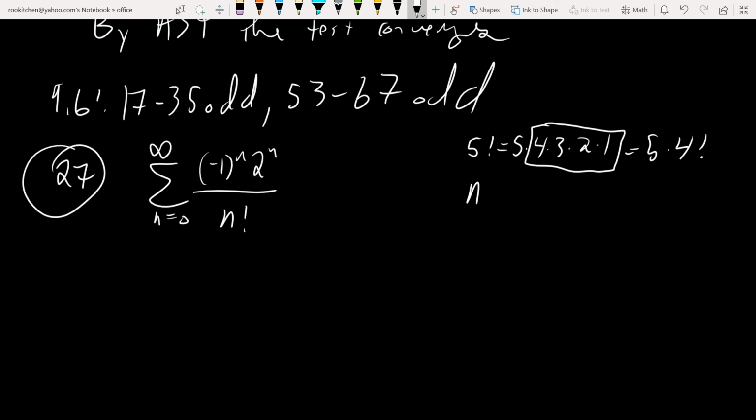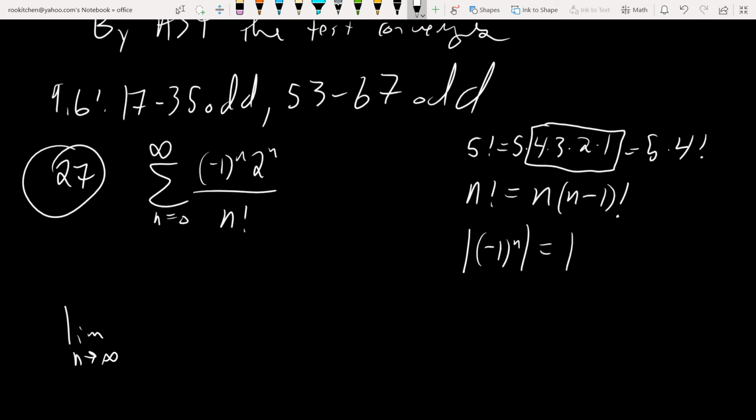So whenever you see an n factorial, you can always write it as n times n minus 1 factorial. One other factoid is that the absolute value of negative 1 to the n is just going to be 1, so you can always just kick those out of your limits and not even worry about them.